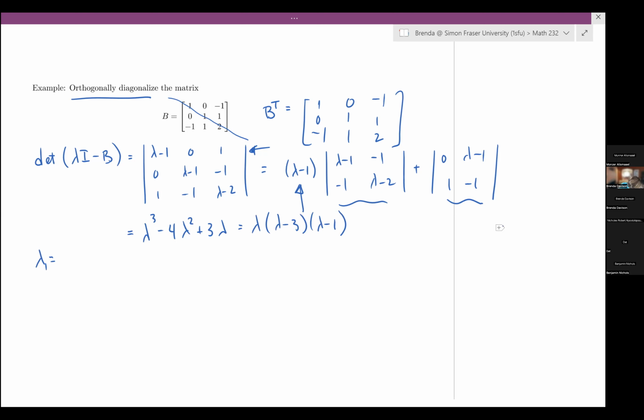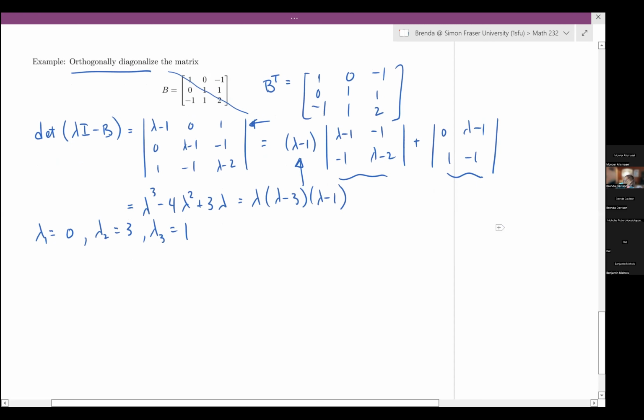Lambda 1 is 0, lambda 2 is 3, and lambda 3 is 1. Okay, so that's the usual part of the program. Find the eigenvalues, then we find the corresponding eigenvectors.